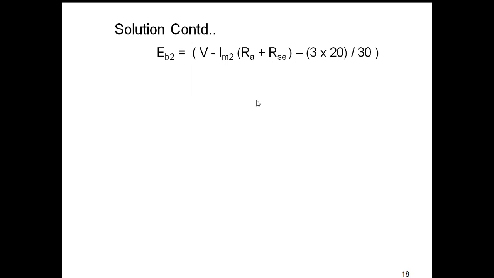And to get EB2, you know the formula EB2 is equal to V minus IM2 into RA plus RSC minus 3 into 20 by 30.